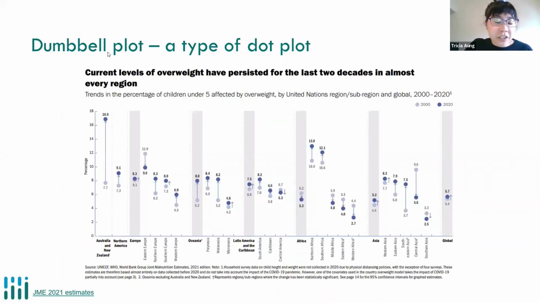One additional note I'd like to point out is that within this dumbbell plot, there are arrows that show directionality, implying some type of trend between the 2 years. You don't really see arrows very often within dumbbell plots, so I think it's a really unique example.